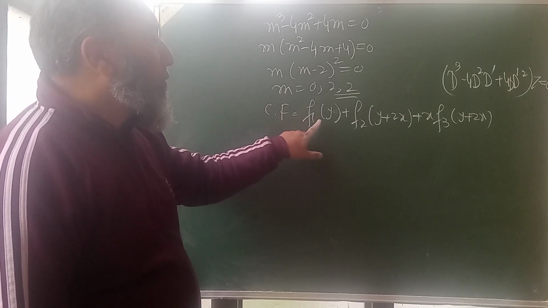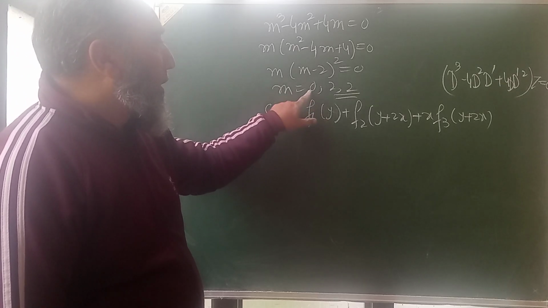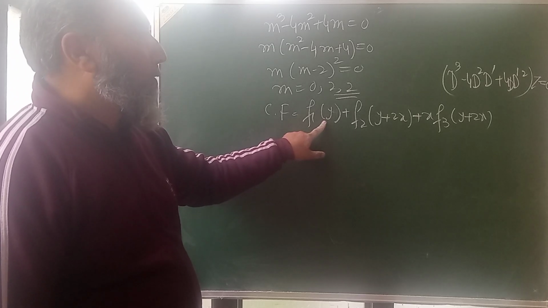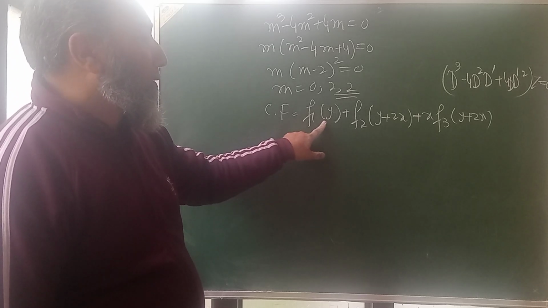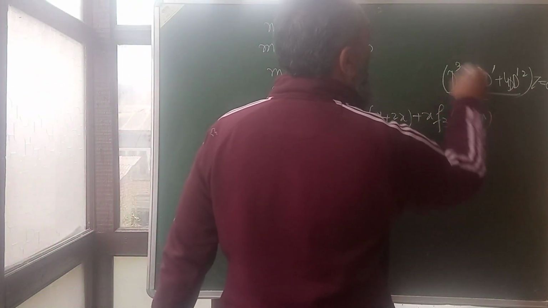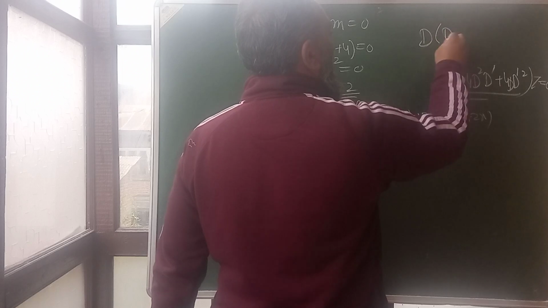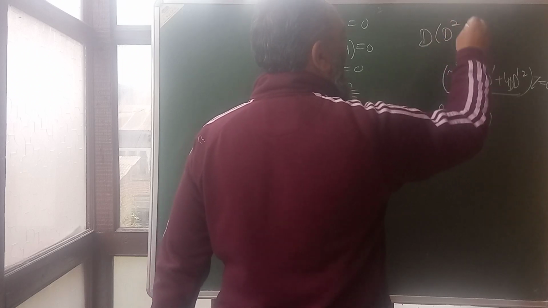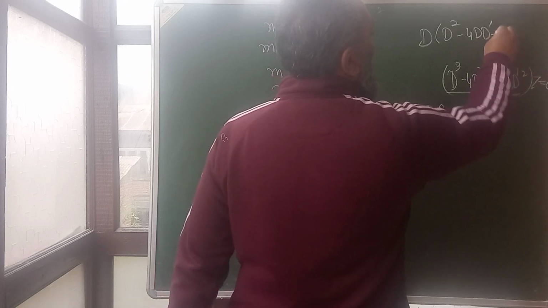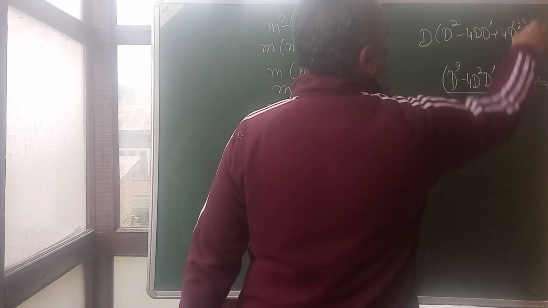Now let me tell you one thing. For m equal to 0, I have got a function of y only. This equation can be written as D(D² - 4DD' + 4D'²) operating on z equal 0.